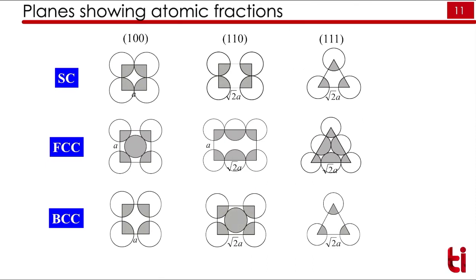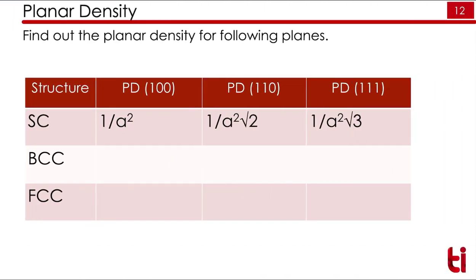For your clarity and visualization, different planes of SC, that is simple cubic, BCC and FCC are shown here. You are encouraged to find these in a unit cell, and to find the planar density of BCC and FCC.